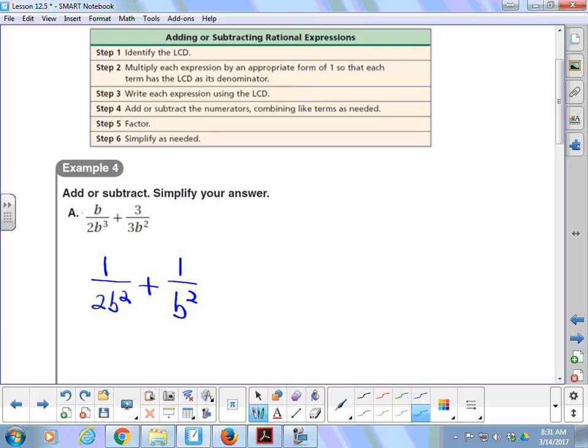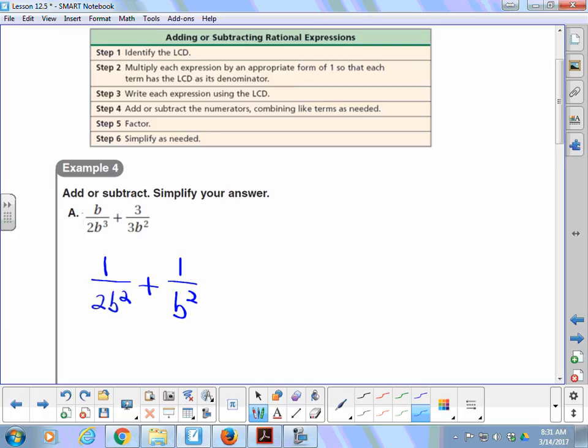Now I look at what one denominator has that the other one doesn't have. In this case, the denominator of the first fraction has a 2. The other one does not.